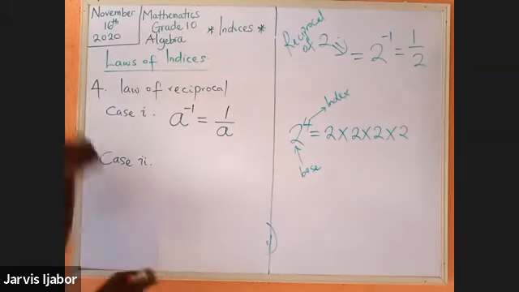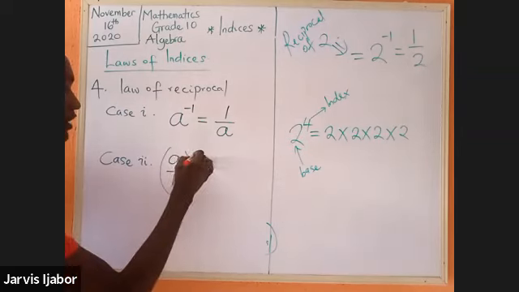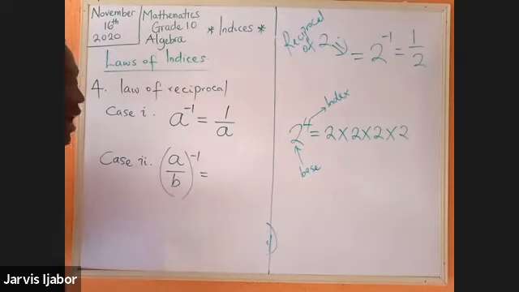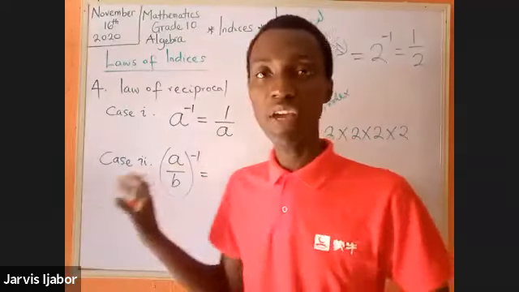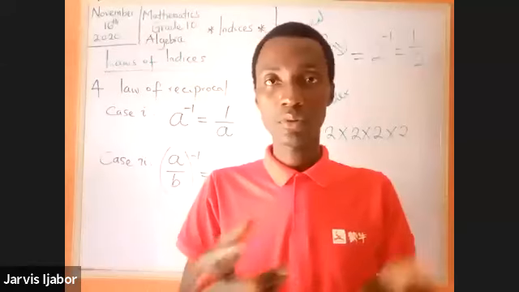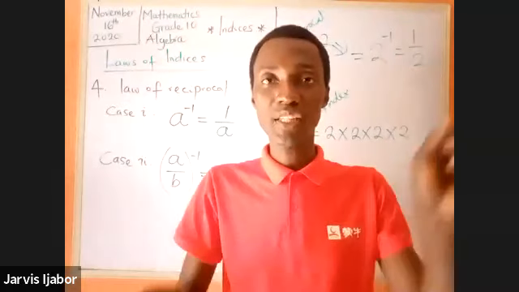What's the expanded form? We have a over b all raised to the power of negative 1. Now, what a reciprocal concept does here is to toggle, to turn. That's what it does, to toggle. It will turn it.